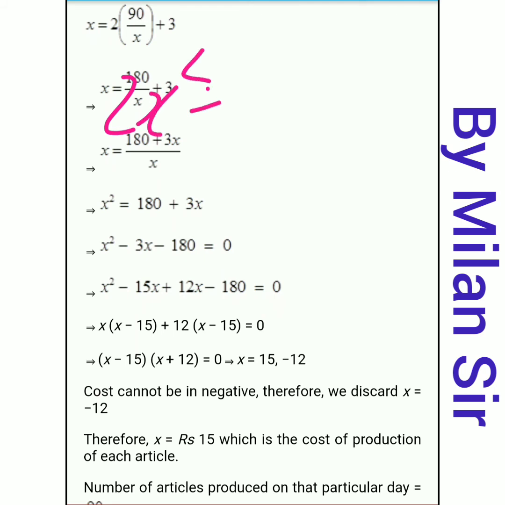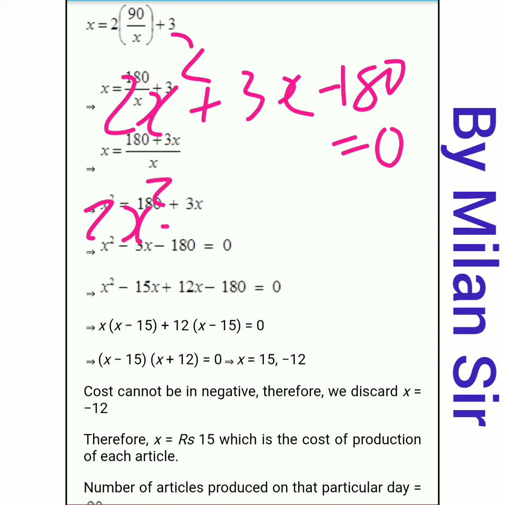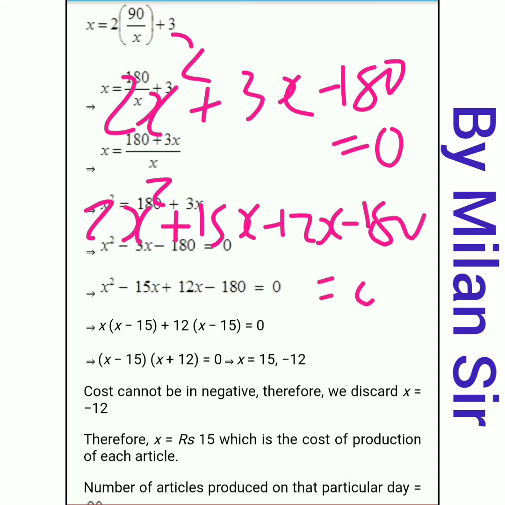2x square plus 3x minus 180 is equal to 0, right? And we get the two factors: 15x minus 12x minus 180 is equal to 0.